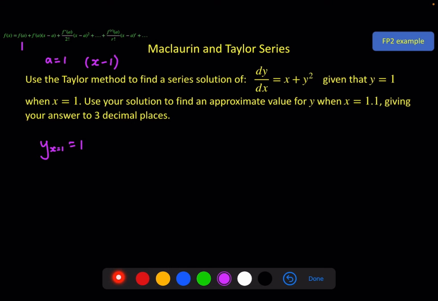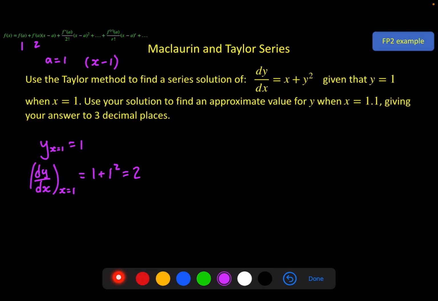We don't have the first derivative because that's part of our equation here. So I need to put y equals 1 and x equals 1 into this equation to find the first derivative evaluated at that same point, x equals 1. And that is a 1 plus a 1 squared is a 2. So this one here is a 2, and that will go with the bracket x minus 1.